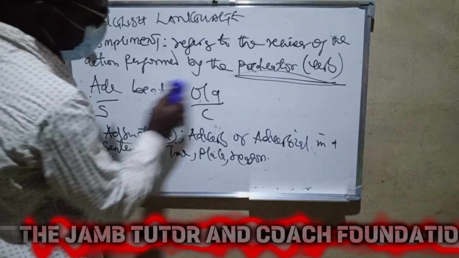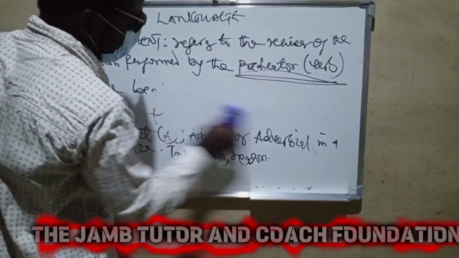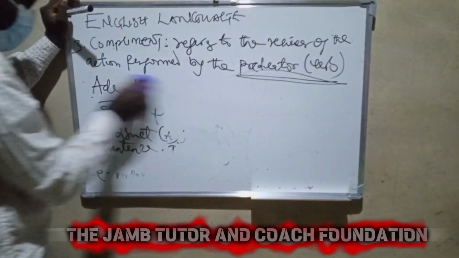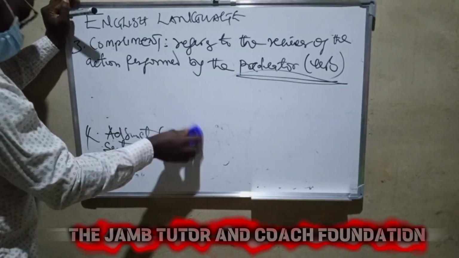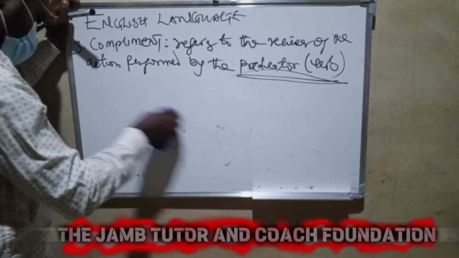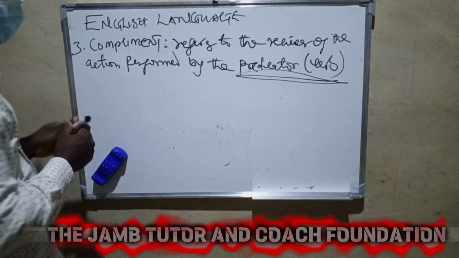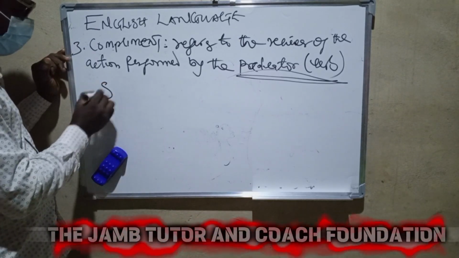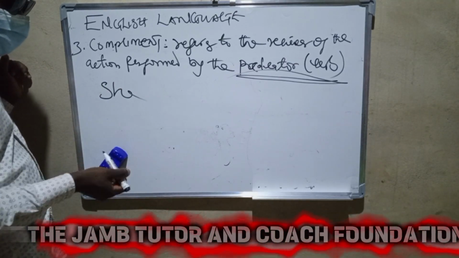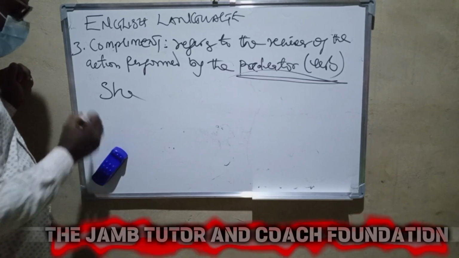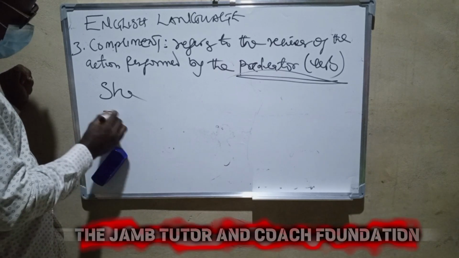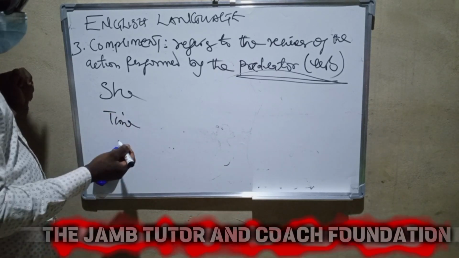Okay, so you can have a sentence bearing just the verb, but you cannot make a sentence with the subject, the complement, or the adjunct alone. You cannot make a sentence with just she. It's meaningless. You cannot make a sentence with just the adjunct, which is time. It's meaningless.